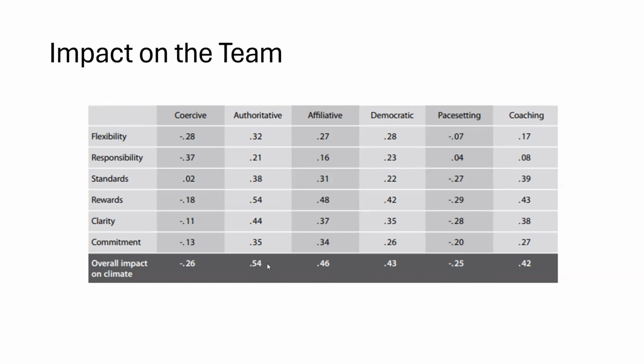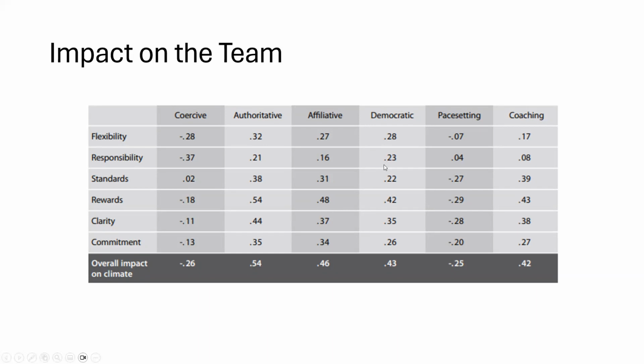The style of leadership that has the overall highest impact is authoritative. That's setting out a clear vision, a sense of direction: this is what you need to achieve, but how you get there is something you can control and have autonomy over. That seems to work very well. So maybe there's something to take from that.